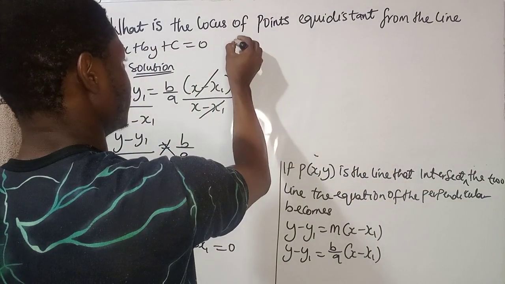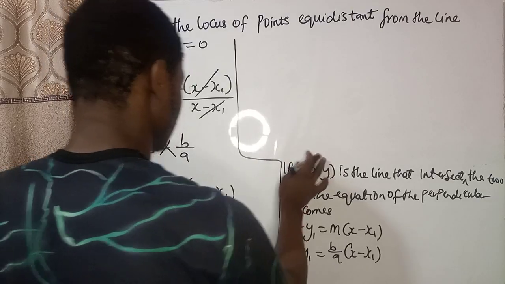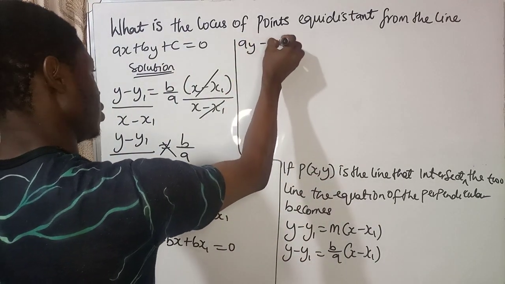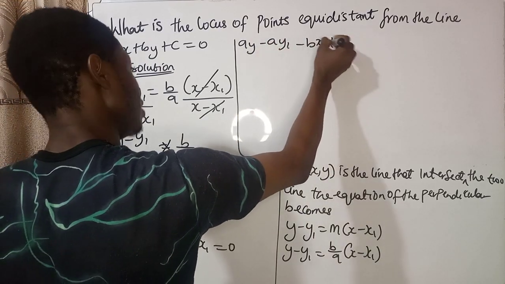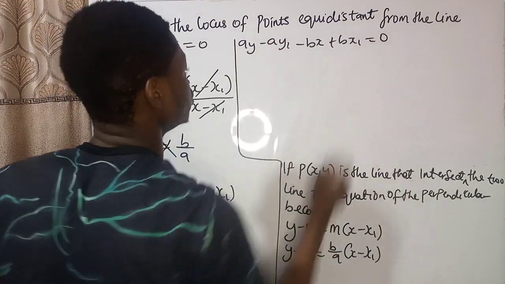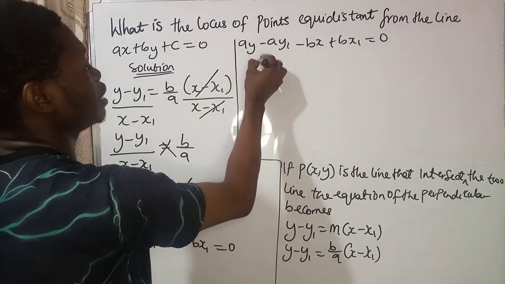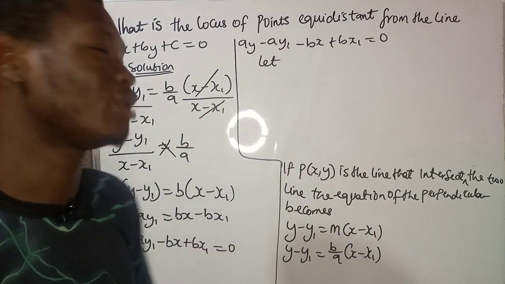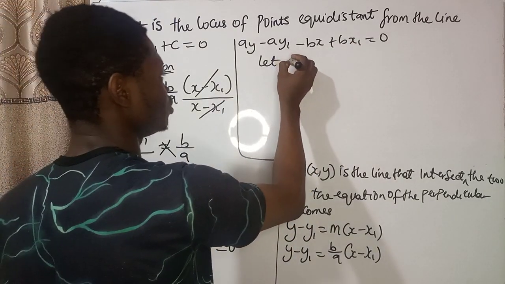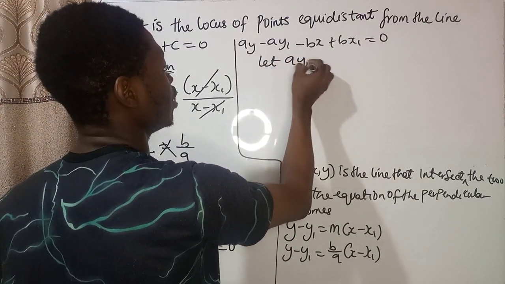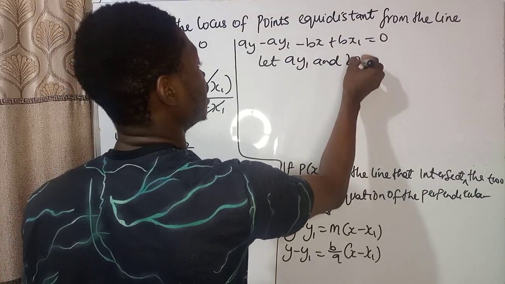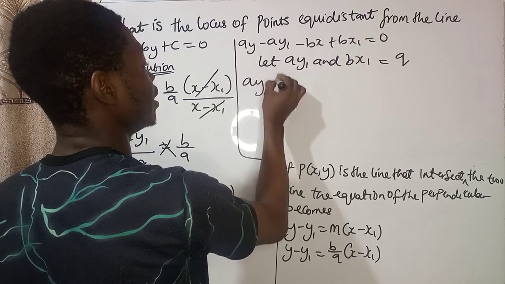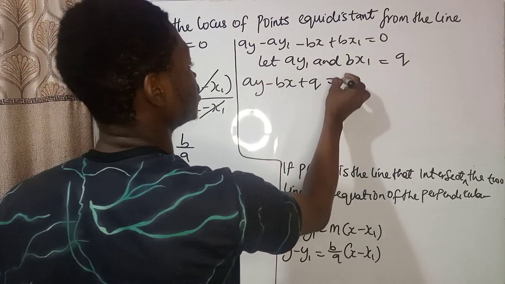So we are going to have ay minus ay1 minus bx plus bx1 equals 0. Since we already have ay, we can say, let ay1 and bx1 equal Q. So ay minus bx plus q equals 0.